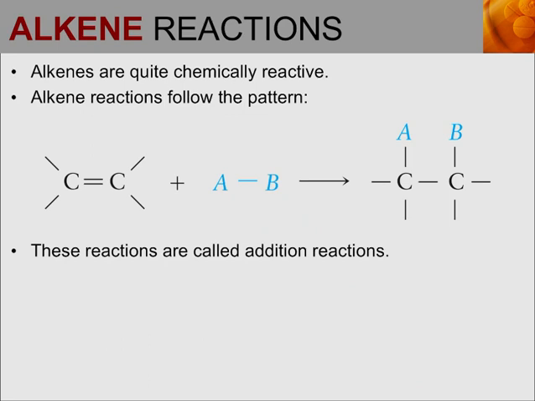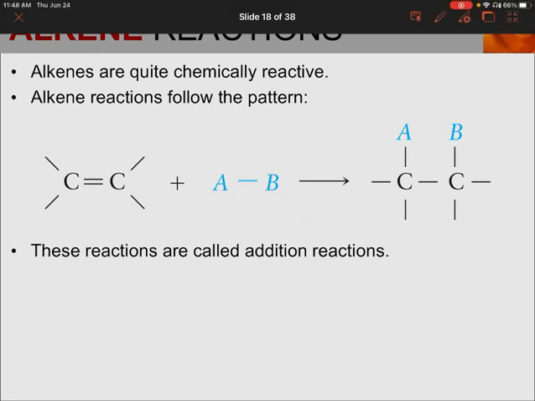So let's look at the general reaction that an alkene can go through. So we've got our double bond, and we're just going to add A and B across the double bond.